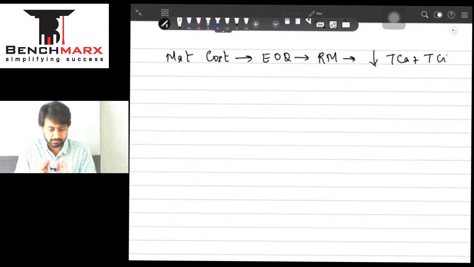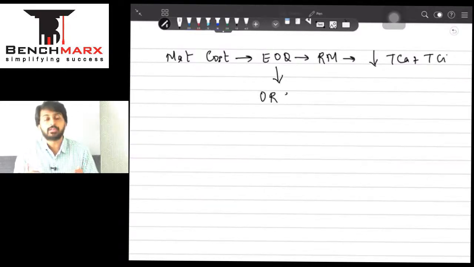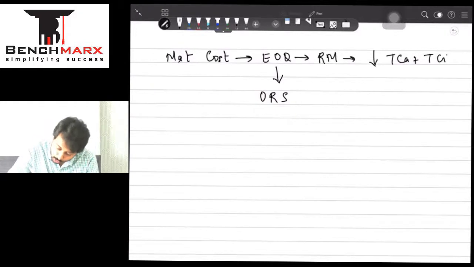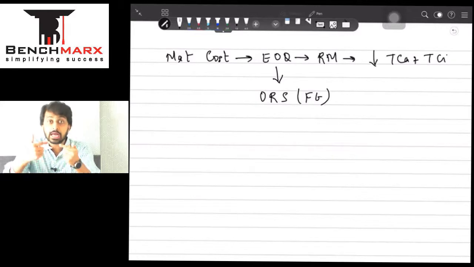ये अपना objective था. Now linked to the concept of EOQ is one more concept of ORS, that is Optimum Run Size. Exactly same concept, सिर्फ EOQ is based for raw materials, the ORS is based on, or it is depending on, or it is for the finished goods. Now we know for a fact that machines produce finished goods and machines have setups and they have to be defined कि एक run में या एक setup में कितना FG produce करना है, बराबर.